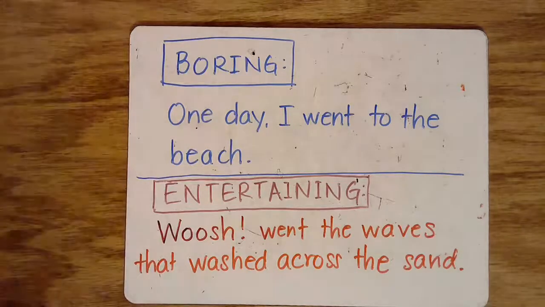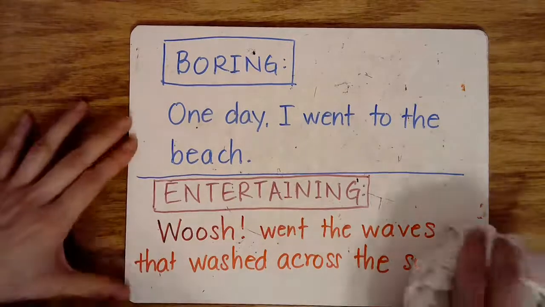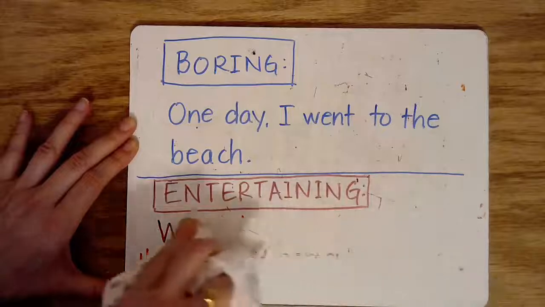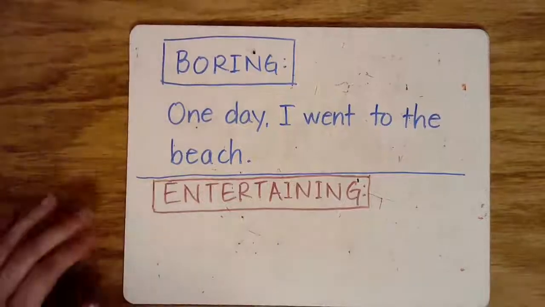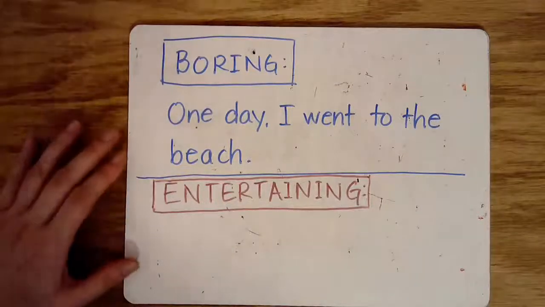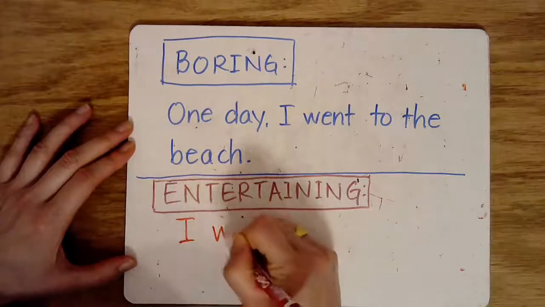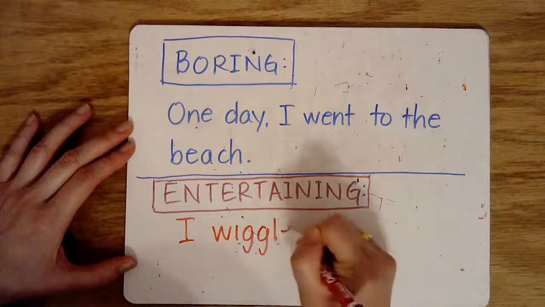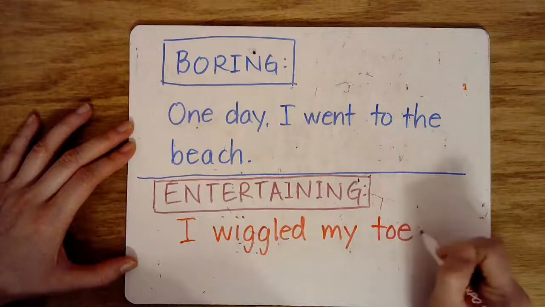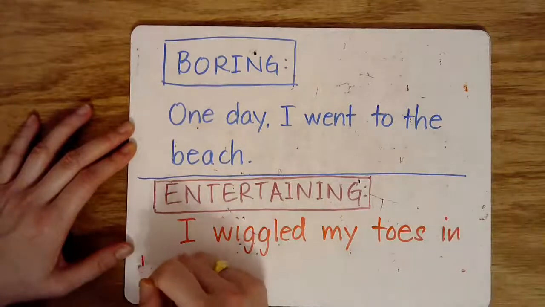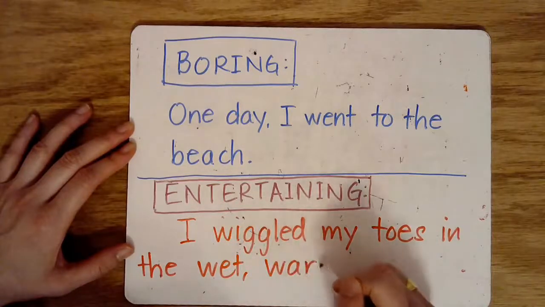Or maybe I could start the story off differently. I might start it with the action. For example, I can say, I wiggled my toes in the wet, warm sand.